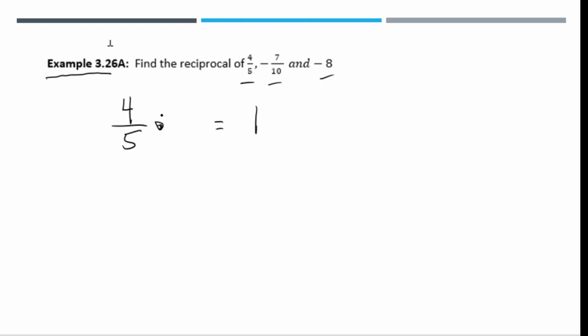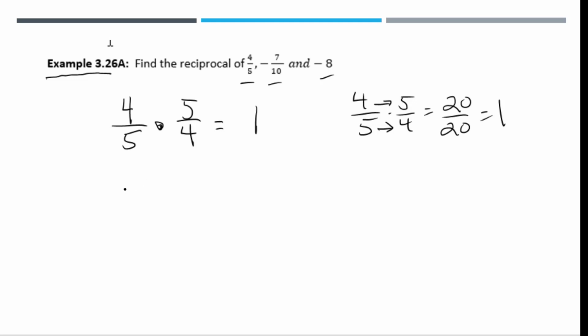You just flip the number. The reciprocal of 4/5 is 5/4 because 4/5 times 5/4 is 1. And how do I know that? Should be obvious, but you multiply straight across the numerators and the denominators. So I get 20 over 20. 20 over 20 is 1.